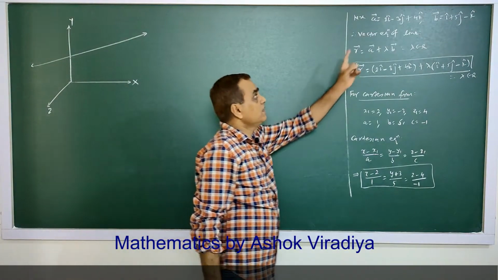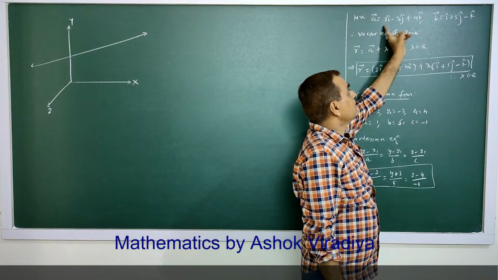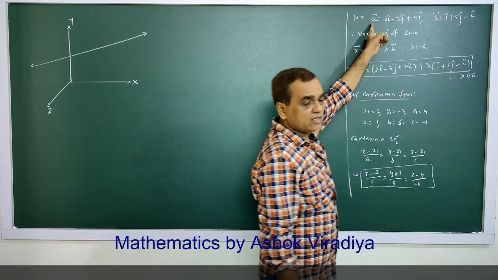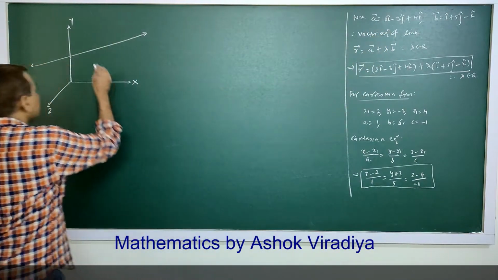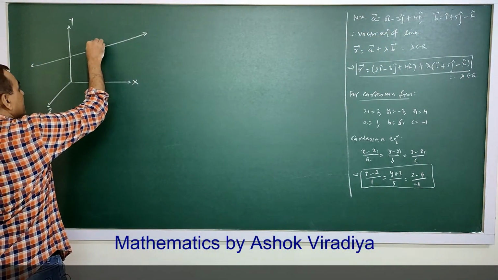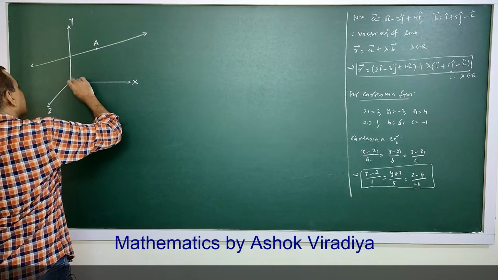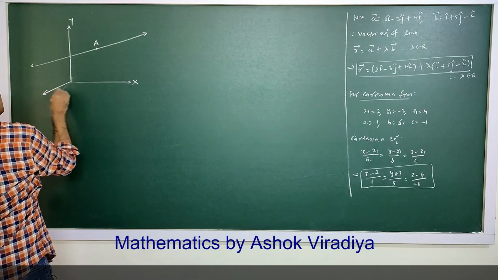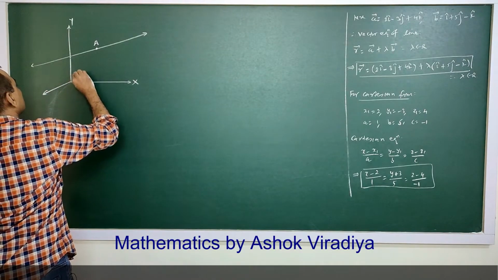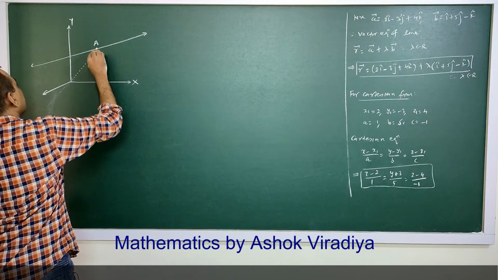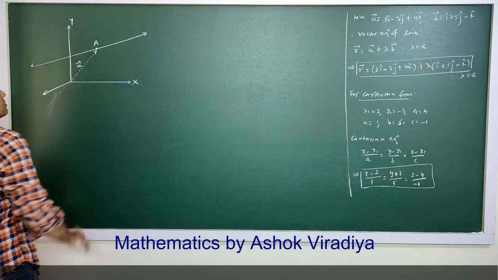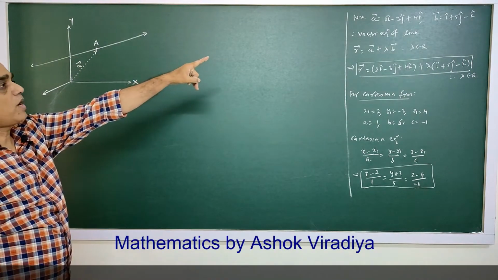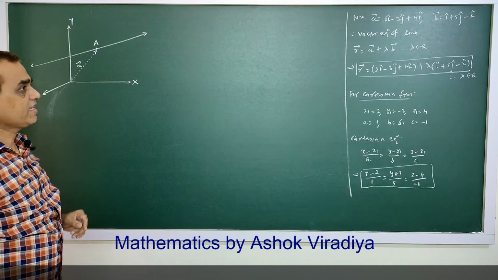Now this is the position vector of a given point. So if the given point is A, whose position vector, suppose this is vector A, that is 2i minus 3j plus 4k.